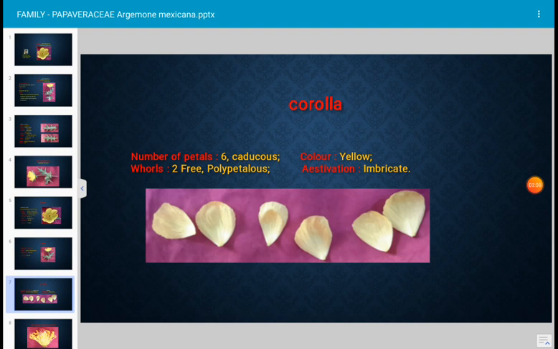Petals are 6 in number and the petals are caducous. Why are these called caducous petals? Because the petals shed at an early stage of development. The petals are free, and such a condition is described as polypetalous condition. These are arranged in a single whorl and the color of the petals is yellow. Estivation is imbricate.